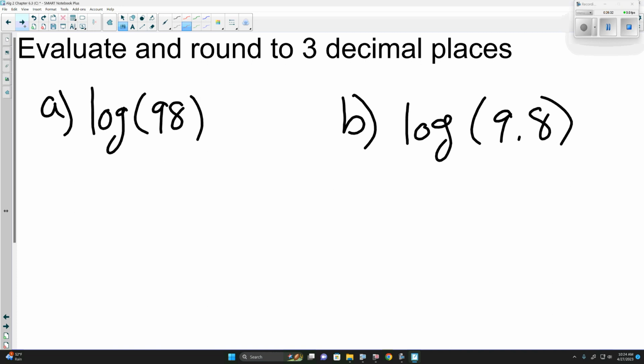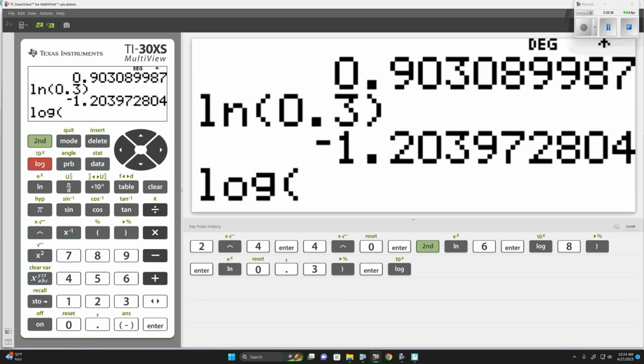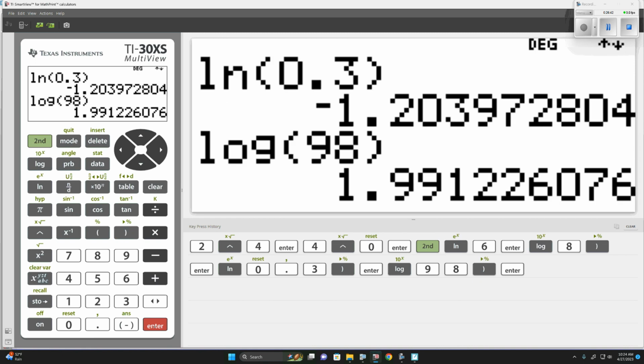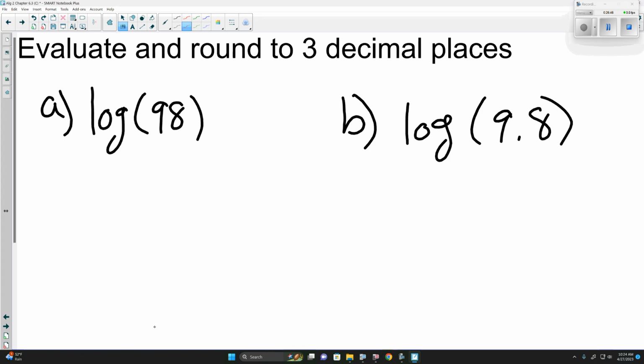And incidentally, log of 98 should be just under 2, I believe. It's 1.99. Well, okay. Now, even though it's not written, the base is 10, yes? Let's just say it equals x.